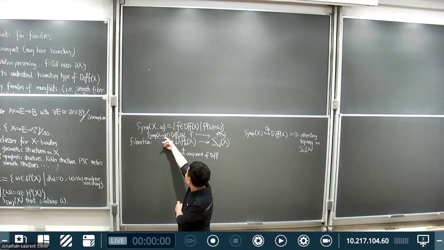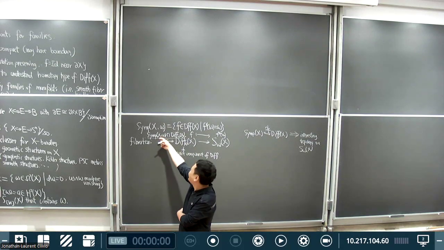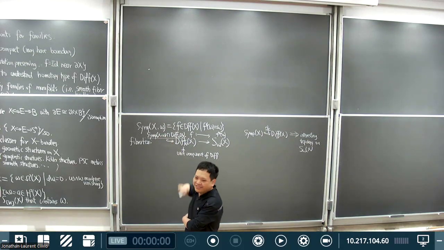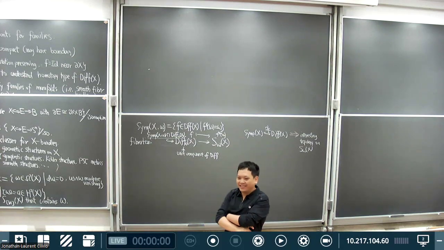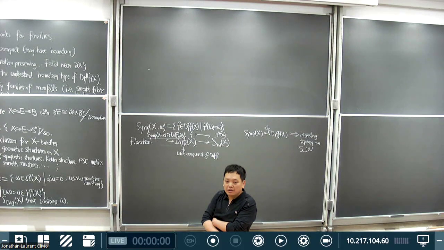But usually this group has more components than this one. This is connected; usually that is not connected. We'll see some examples. The topology is the topology of the group of symplectomorphisms.